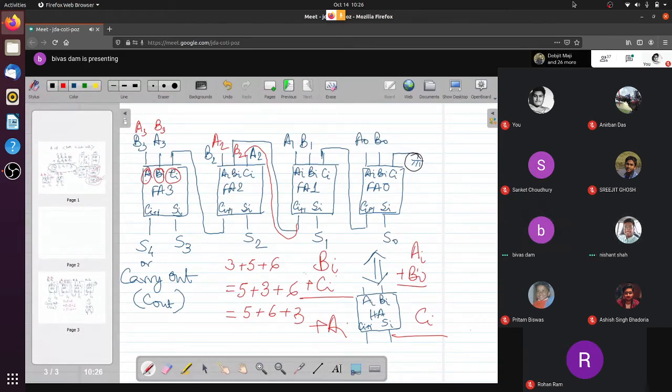Yes, sir. So whatever connections were there earlier, all are equally correct. That means if I connect the carry output from the previous stage to this BI input, nothing is wrong there.